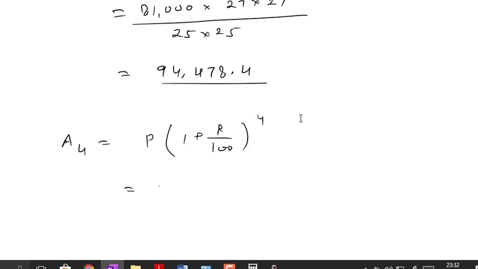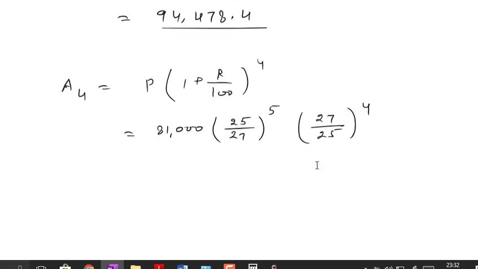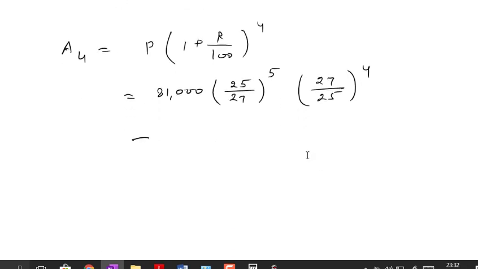Now the value of P is 81,000 into 25 upon 27 the whole power 5 into 27 upon 25 the whole power 4. Now here when we calculate, this 27 power 4 and this 27 power 5 will cancel, and in the denominator we have 27. Similarly in the numerator this 25 power 4 and this 25 power 5 will cancel, and in the numerator I have 25.